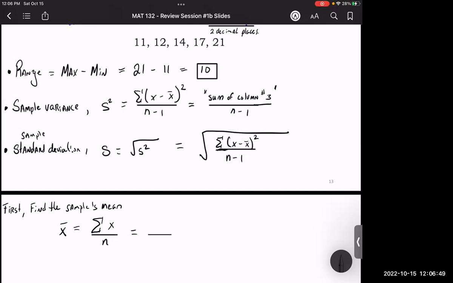What number goes on the top? 75. What number goes on the bottom? 5. So you take 75 divided by 5, and that gives us your sample mean, which is 15.